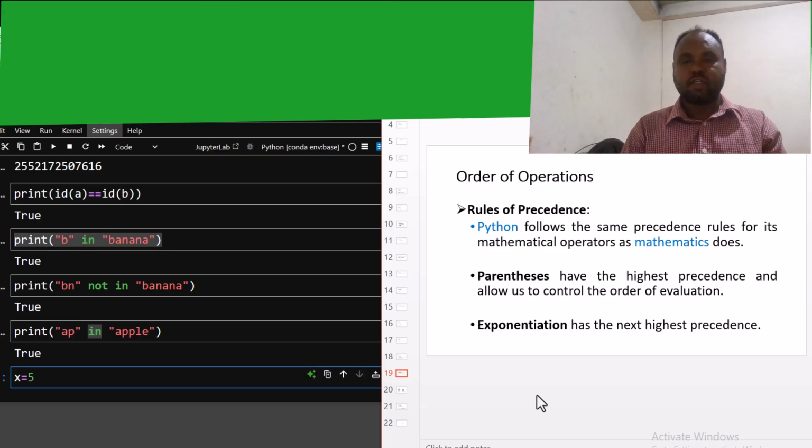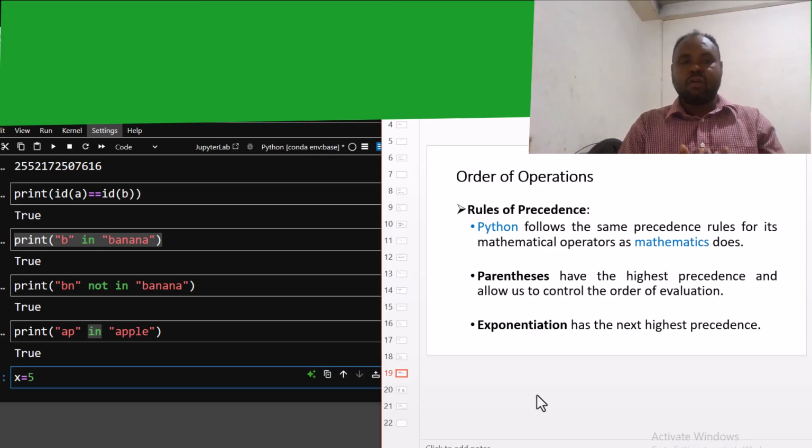That needs a rule or order of operations. These rules are called rules of precedence. Python follows the same precedence rules for its mathematical operations as mathematics does, such as PEMDAS, BODMAS, and so on.